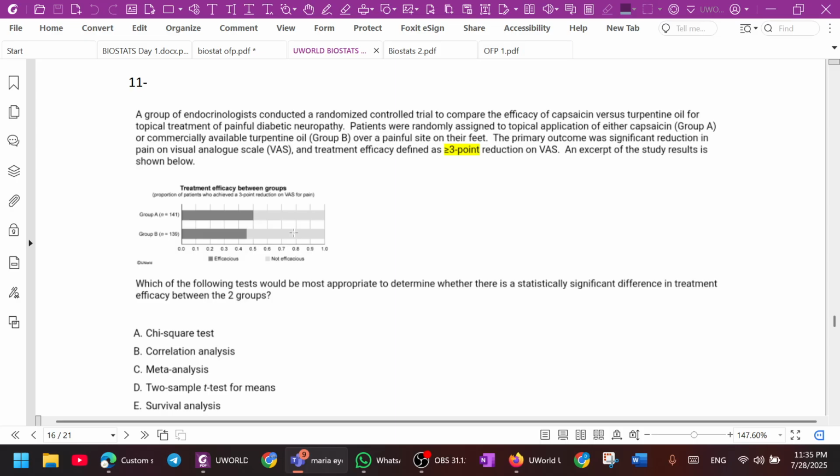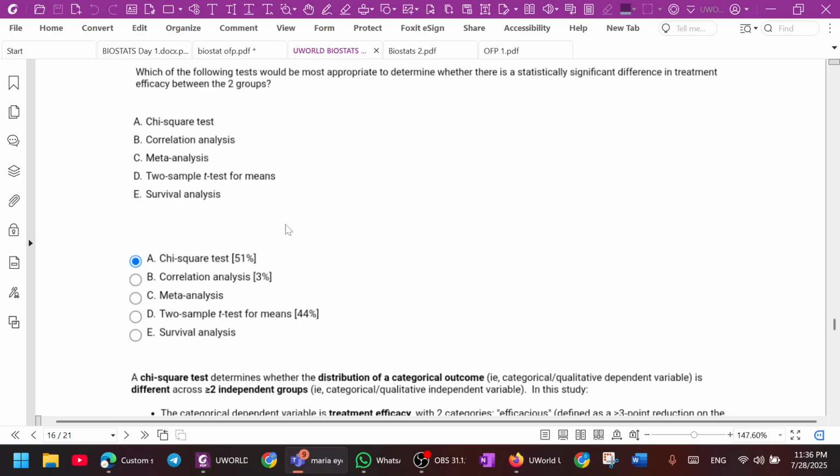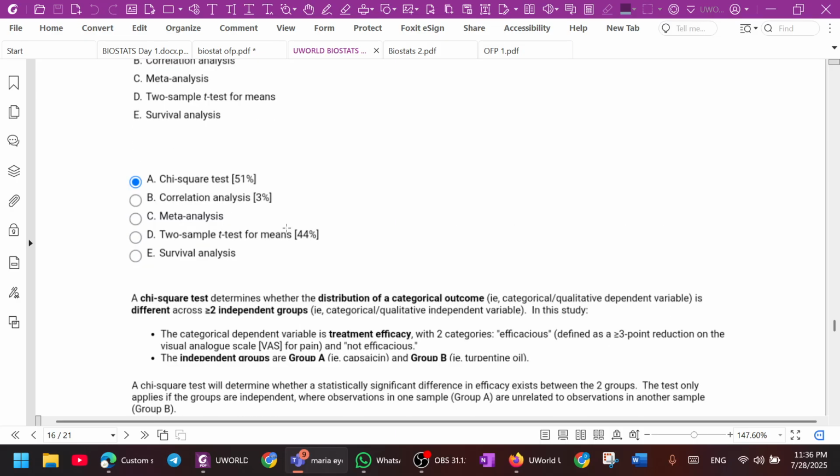I think a t-test would be used for something like blood pressure between the two groups, and here they actually categorized the outcome, so I think it is chi-square. Okay, I think it's that too. Let's check. It's chi-square.